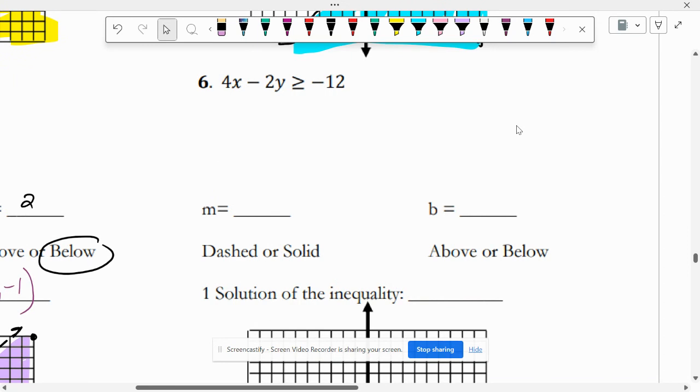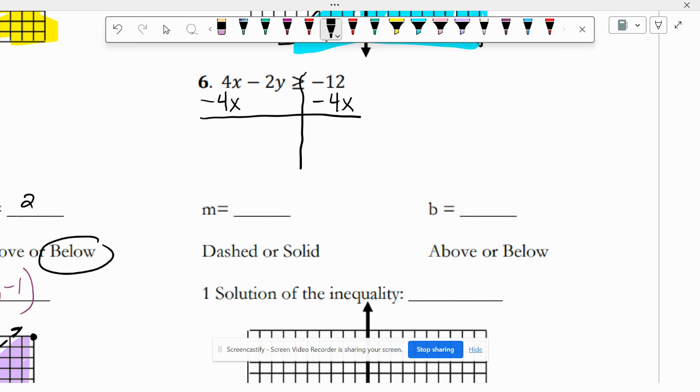We got to solve for y. Subtract 4x from both sides. -2y is greater than or equal to -4x minus 12. Divide by -2, divide by -2, divide by -2.